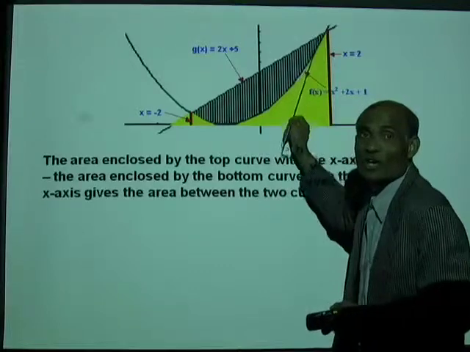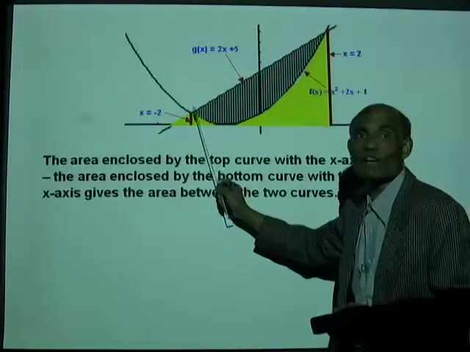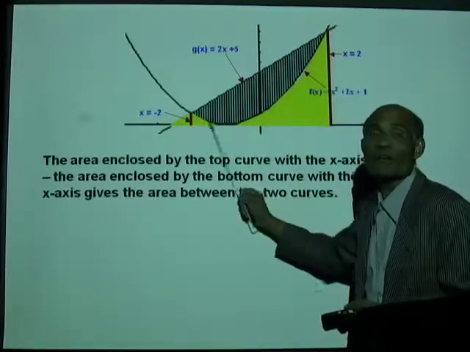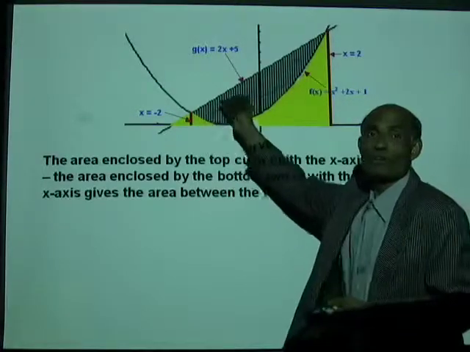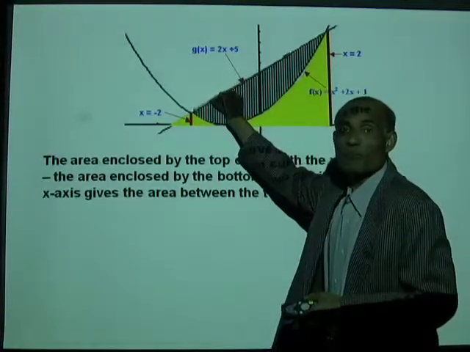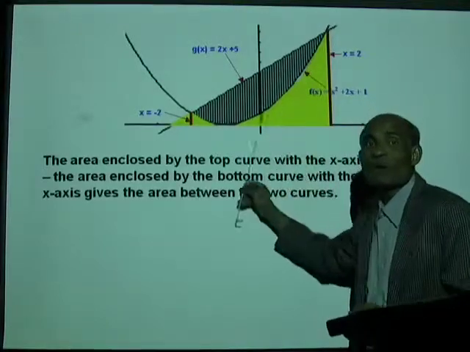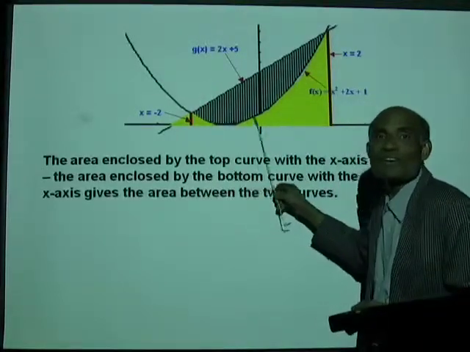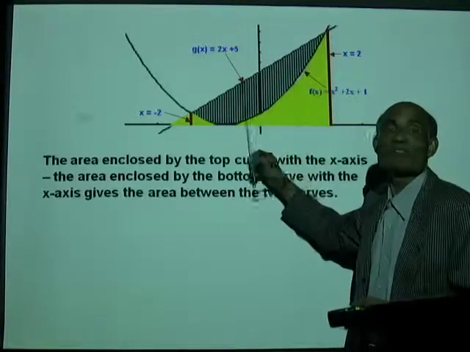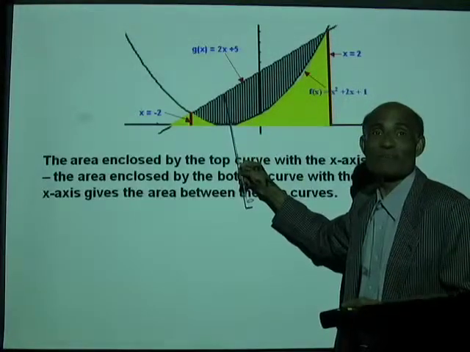And the area enclosed by the bottom curve is the yellow area. So, if you take away the yellow area from all this area, you get the area enclosed by the two curves. Is that right? Yes.